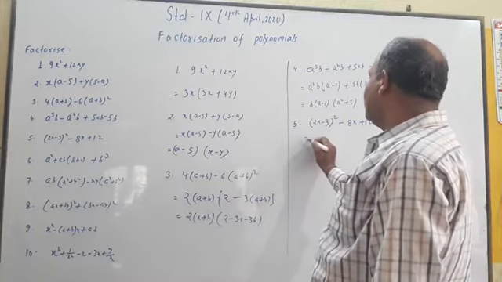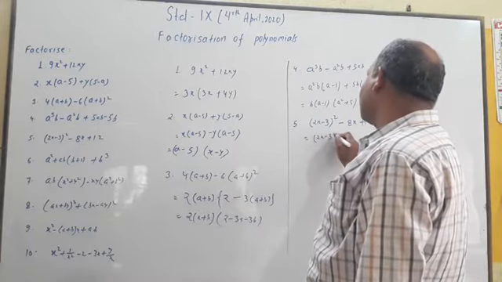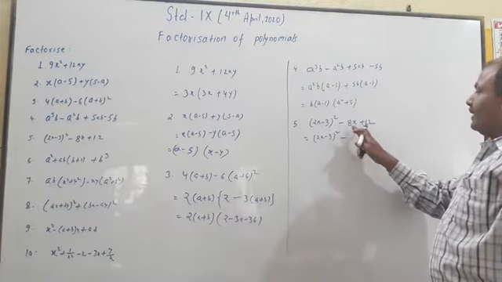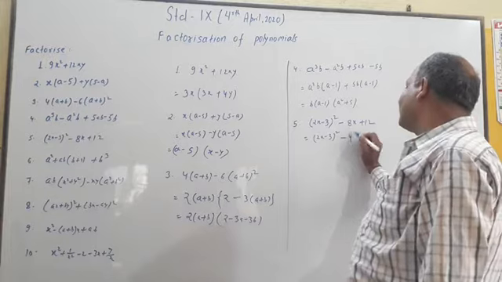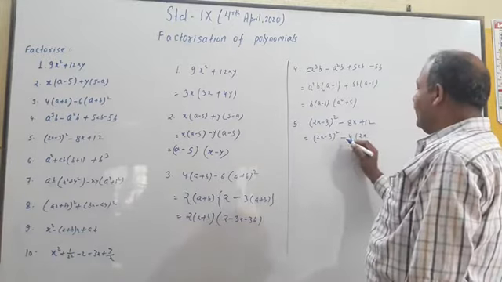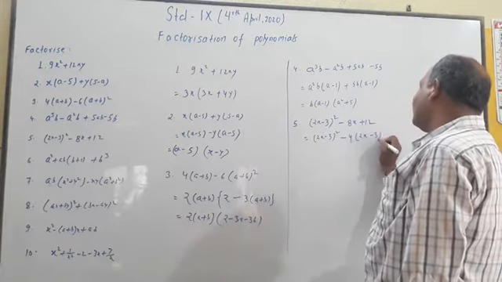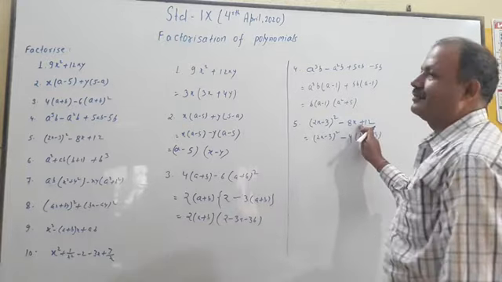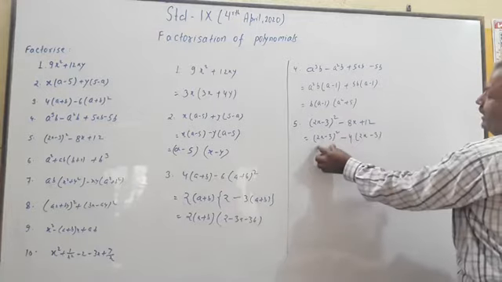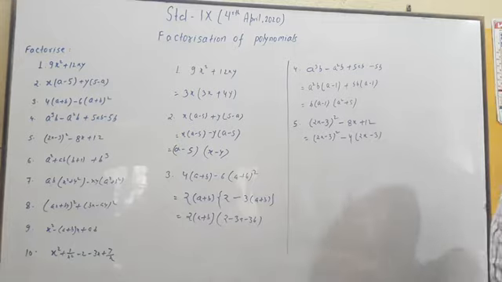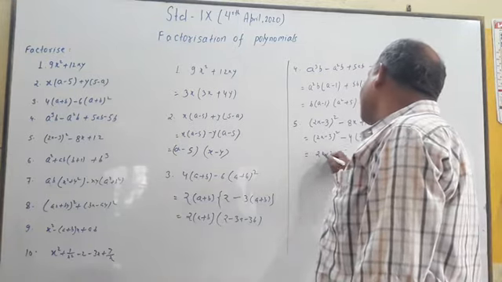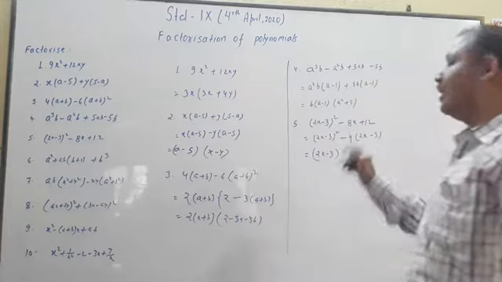See here, it is 2x minus 3 whole square. When we take common between 8 and 12, we find 4, HCF is 4, and then 4 twos are 8, and 4 threes are 12, minus minus plus. And therefore, we find 2x minus 3 is common in these two terms. And therefore, 2x minus 3 will be taken as common in both of them.